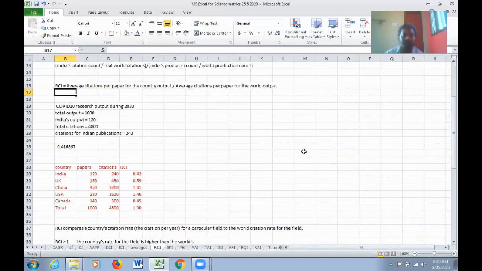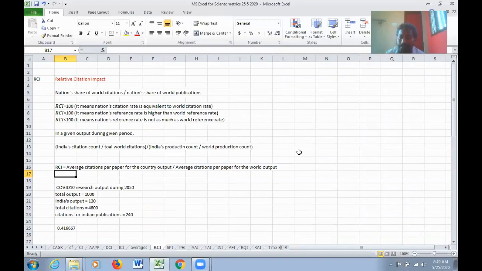RCI stands for relative citation impact. You take your citations, the citations you receive for your output, maybe an individual or maybe a country, and you take the global output of the entire nations or entire authors. If you see the proportion of these two concepts, then you'll get a relative citation impact. Fine. So what is the formula?